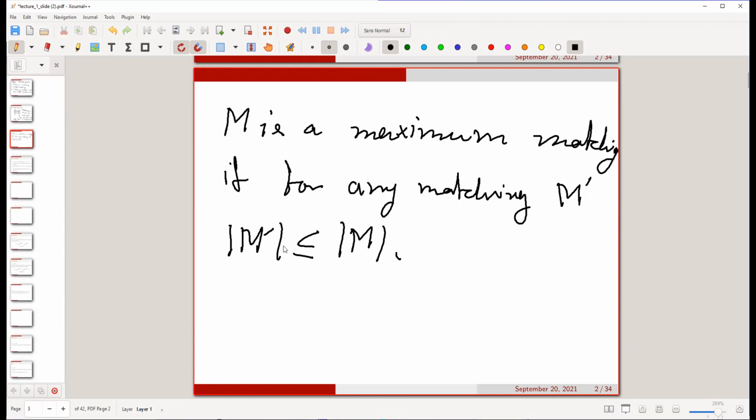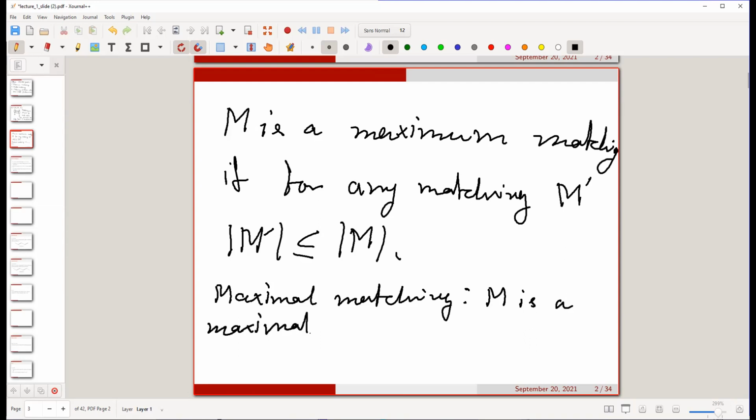And there is another term in terminology called maximal matching. So what is a maximal matching? M is a maximal matching if we add any more edges to M, then that set of edges will not be a matching anymore.